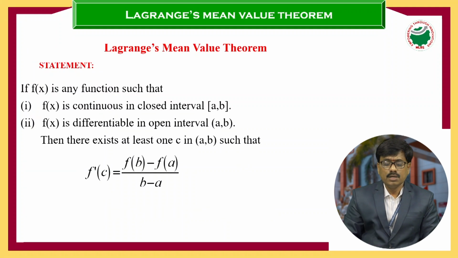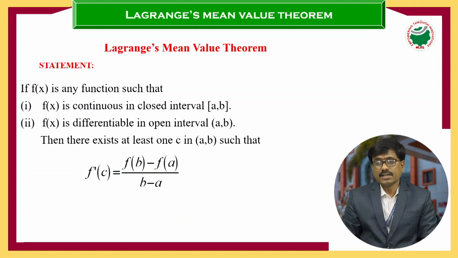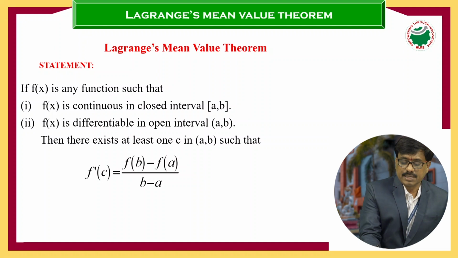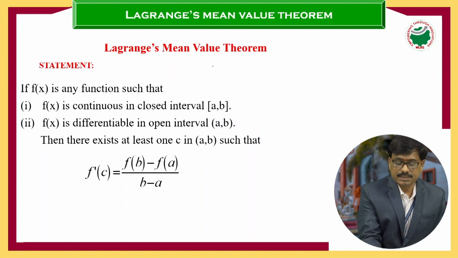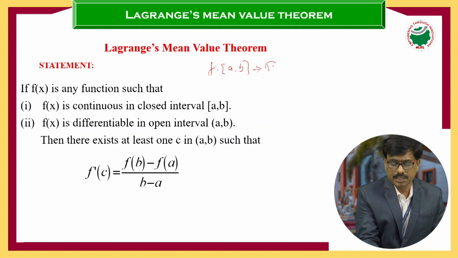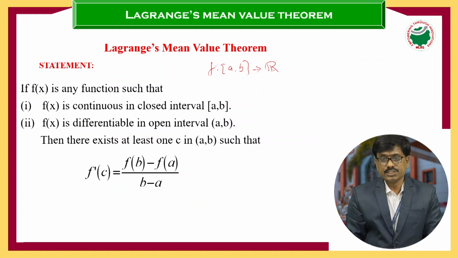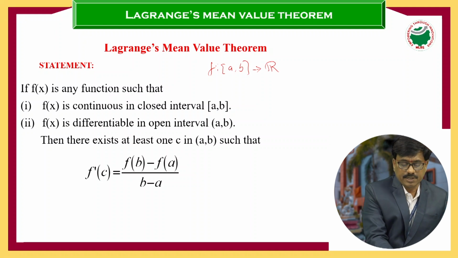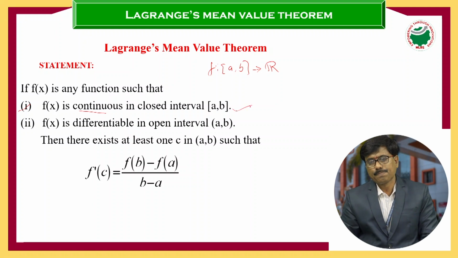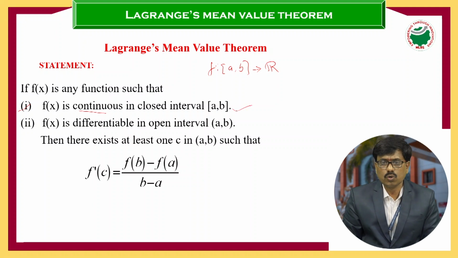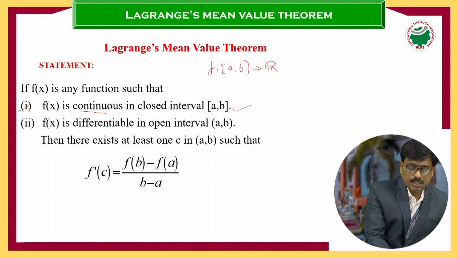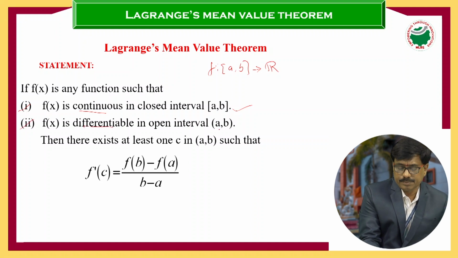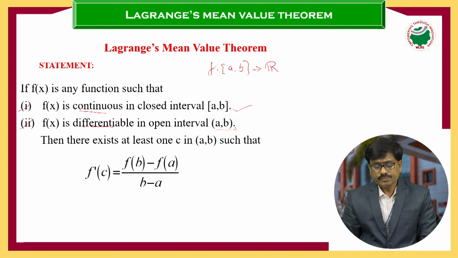Further, I am going to continue the statement and the geometrical interpretation, and then go with one or two example problems. Already we discussed the statement of Lagrange's mean value theorem. What does it say? Let f be a function defined from the closed interval [a, b] to R. f of x is continuous in the closed interval [a, b], and also f of x is differentiable in the open interval (a, b).